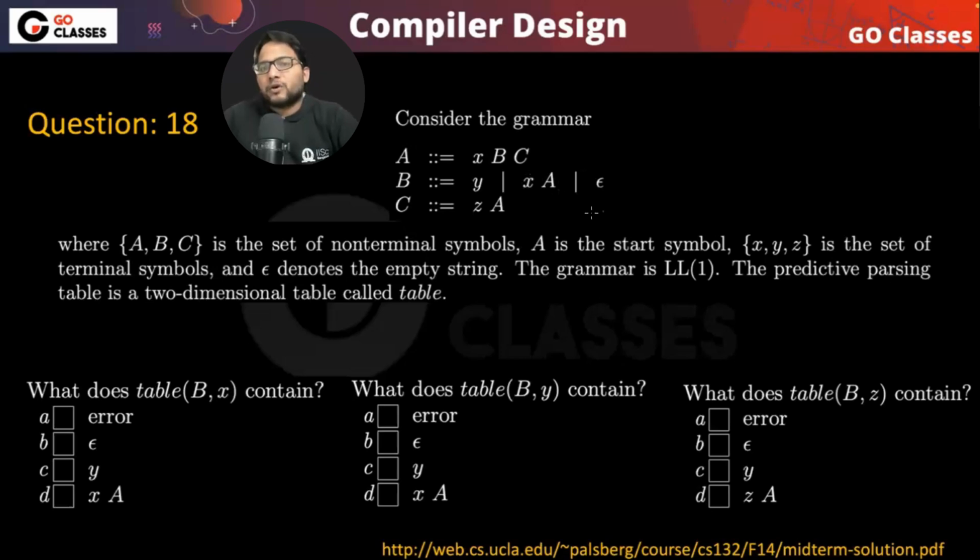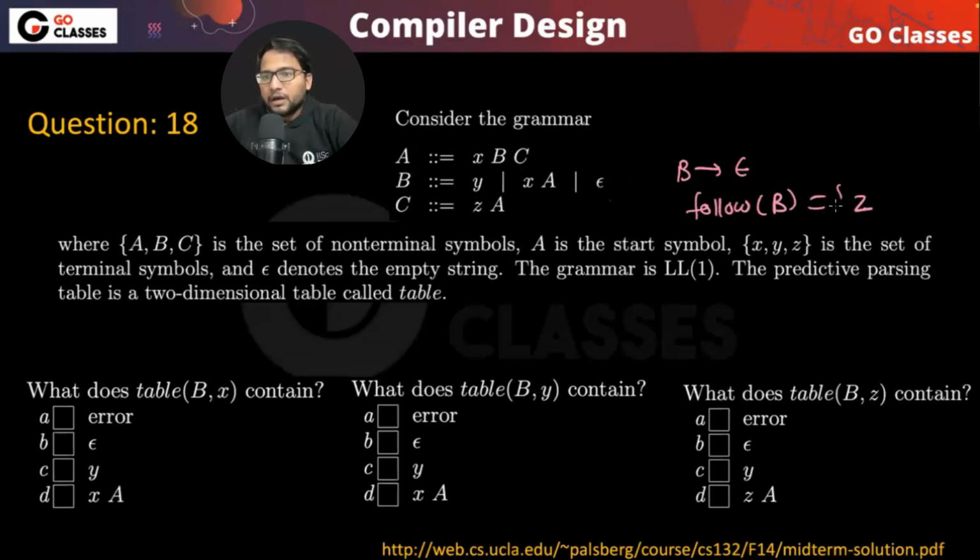Okay, since this is epsilon also, let's first find out where epsilon will go. It will go in the follow of capital B, right? So the nullable symbol is capital B only. So follow of capital B will be first of capital C. So the follow of capital B is first of capital C, which is small z only, right?